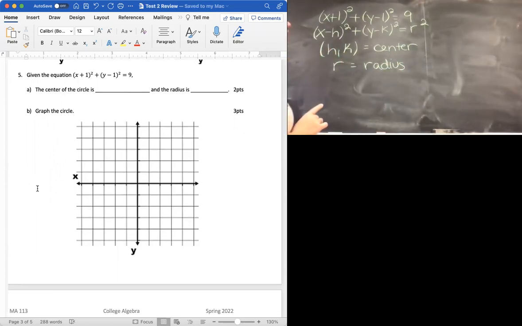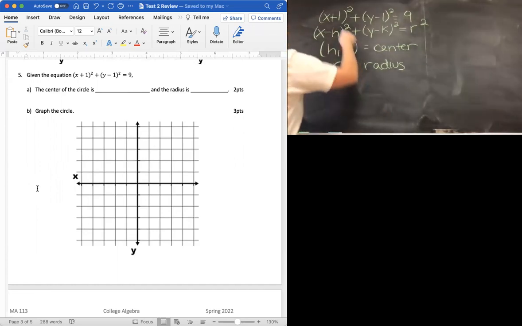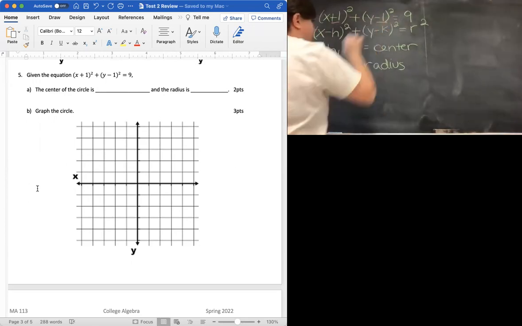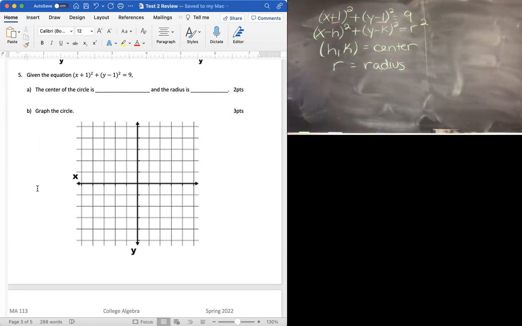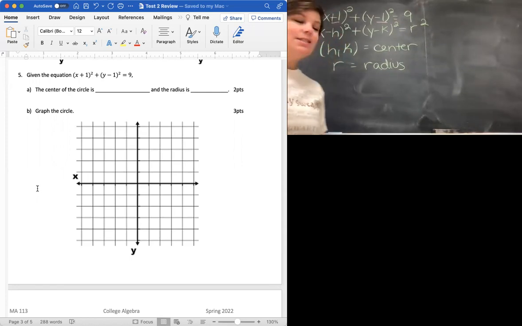So if we have to find our center, our h, k, then we look up here. The one thing you have to be careful on is that our general form is a minus h, but this says a plus 1. So is there a way to write plus 1 but with a minus?